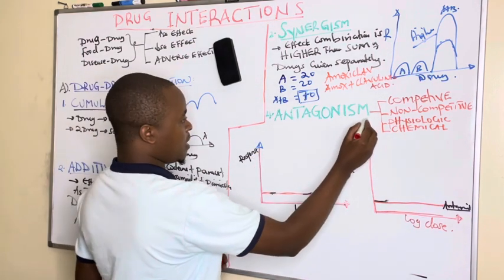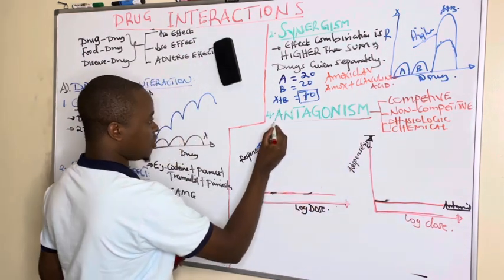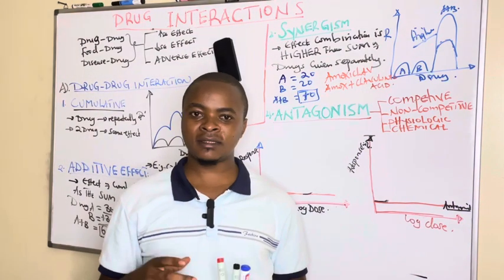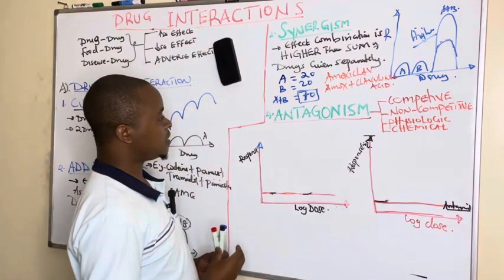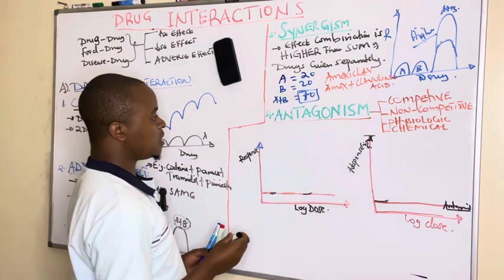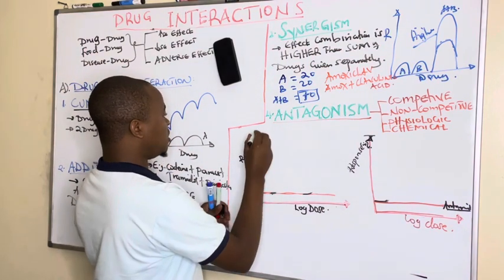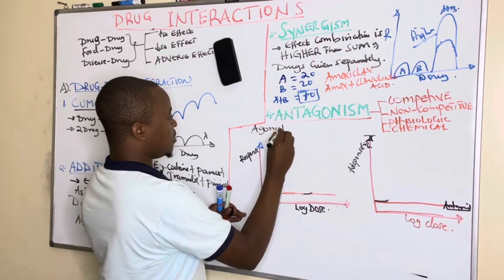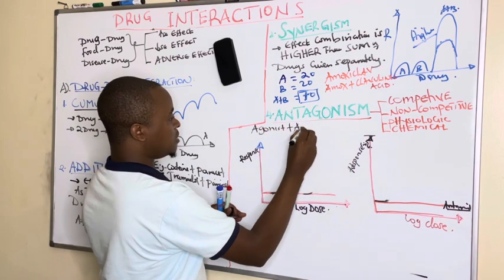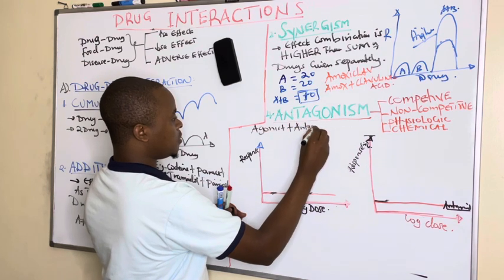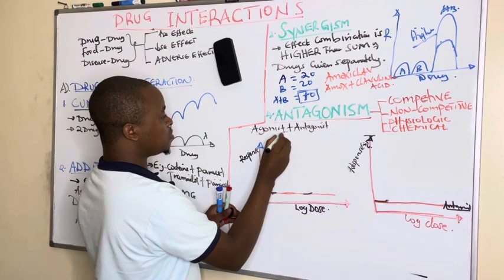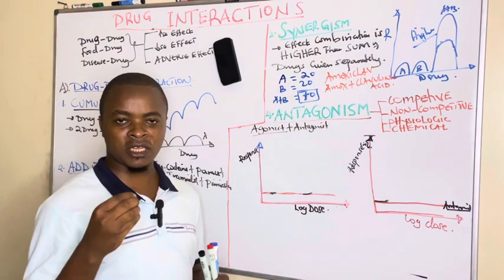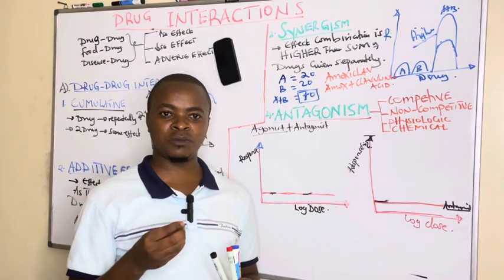Then lastly, under drug-to-drug interaction, we are going to look at the antagonistic effect of drugs. Under antagonistic effect, when you give an agonist, that is a drug, in combination with an antagonist, this antagonist is not going to allow the agonist to produce a response on the receptor.